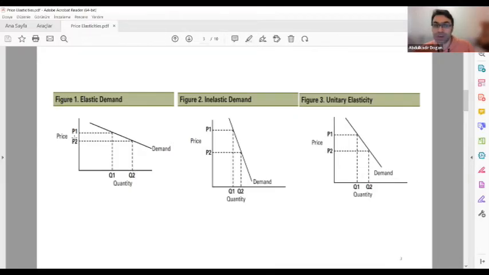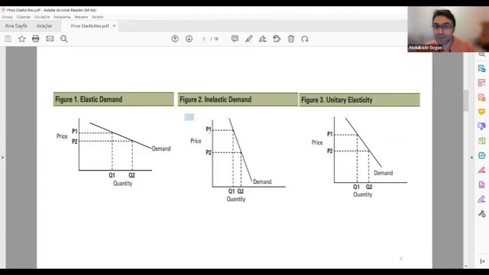But if this product's price goes to 4, you are demanding half of it. The price changes 1 unit, but the demand changes 6 units, because you are elastic. You don't have to use and consume this product. You can save your money and spend it anywhere else.